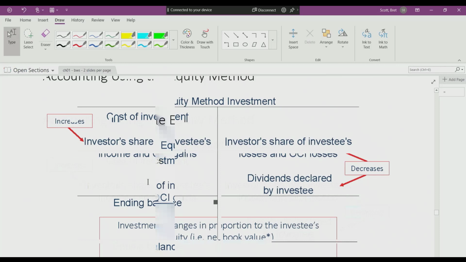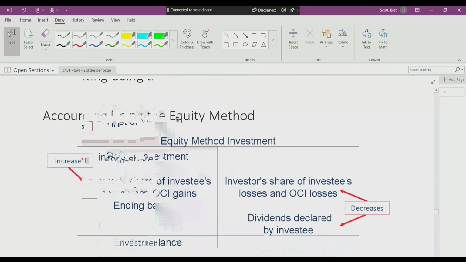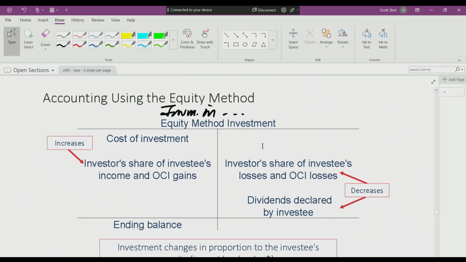Recall that when we looked at available for sale securities and trading securities, we used a T account called investment in, we just said investment in whatever the security was.